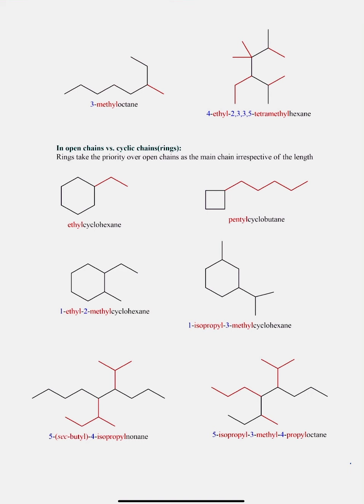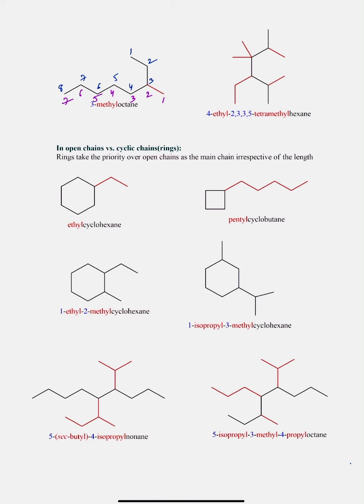If I take this as the longest chain, it has 1, 2, 3, 4, 5, 6, 7, 8 carbons. Whereas if I take this horizontal chain as the longest chain, it has only 7. So which has more number of carbons? The one that I numbered in blue.